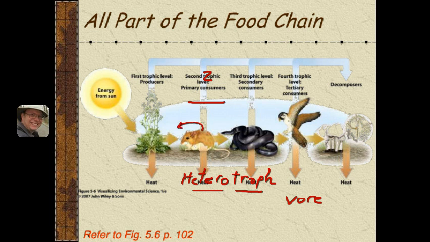Well, he's eating the plant. So that makes him a plant eater. And the word we have for that is herbivore. Okay, the mouse is an herbivore, a plant eater. An other feeder, but a plant eater.